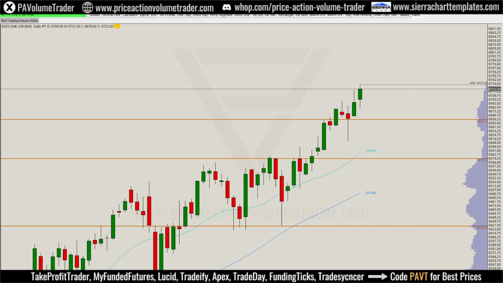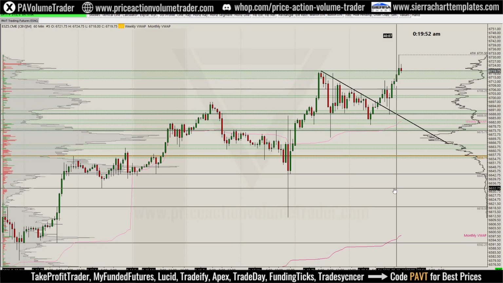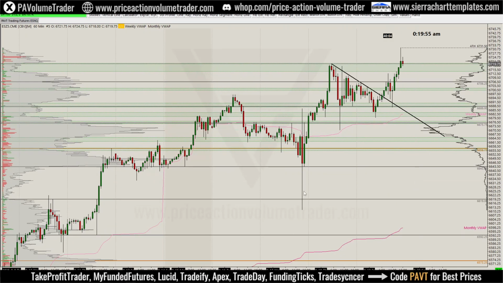Daily, we've now established 66.56 as our main daily support here to the downside. And if we go into the hourly, you can see right here this huge ugly candle, this was FOMC, okay?